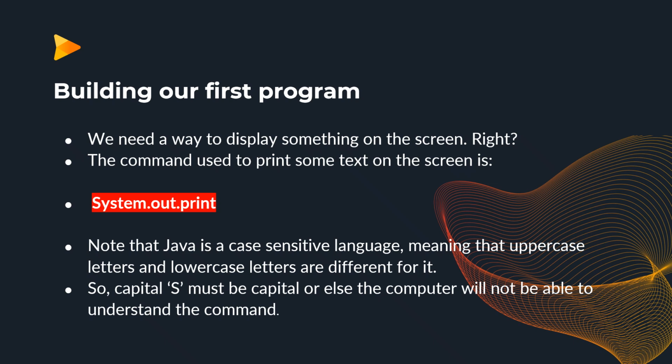You have to write the program carefully, in the same manner as we have written it. The S must be capital and all the other letters will be in lowercase. This is our command to print anything we want on our screen.